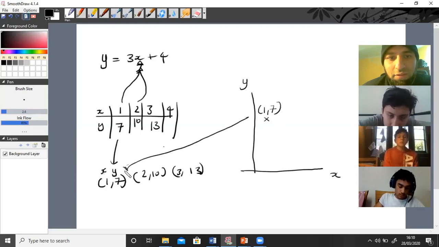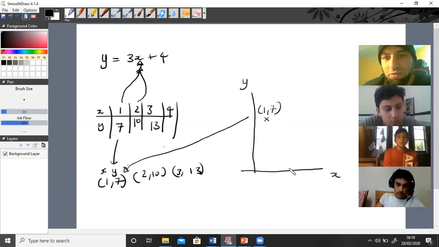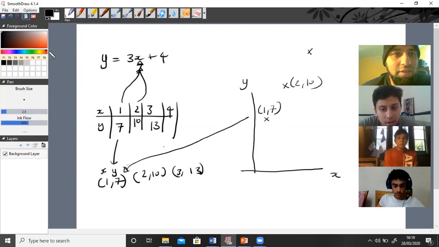You guys see that? Yeah. And then 2 and 10, which will be somewhere there. And then I've got 3 and 13, which might be over here. And what I can do with that is draw a line going through it. You guys see that?